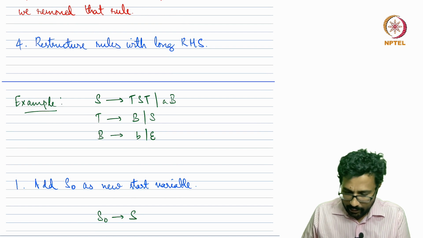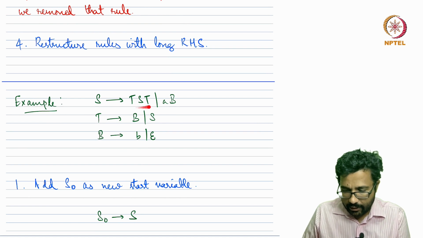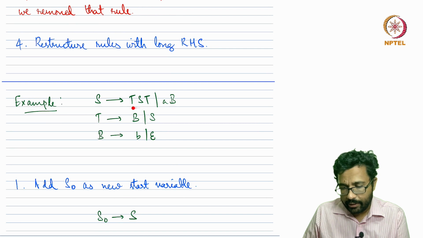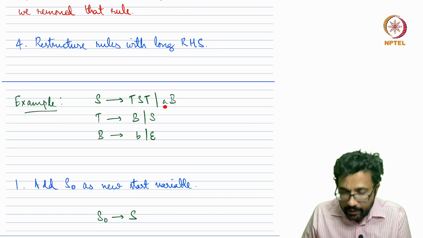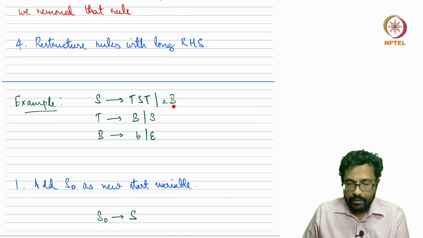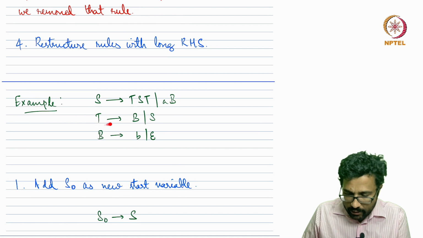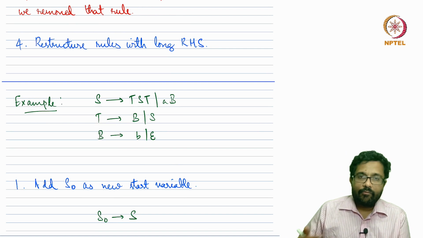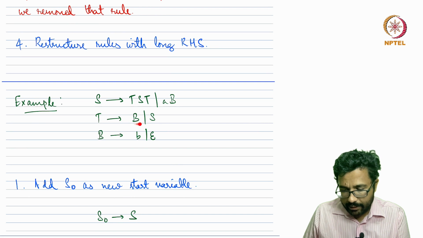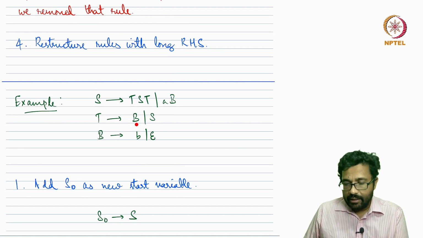There are many violations here. First of all, there are rules where the right hand side has three variables, and rules where the right hand side has a variable and a terminal, like small a capital B. There are rules like T gives B, where the right hand side has a single variable.